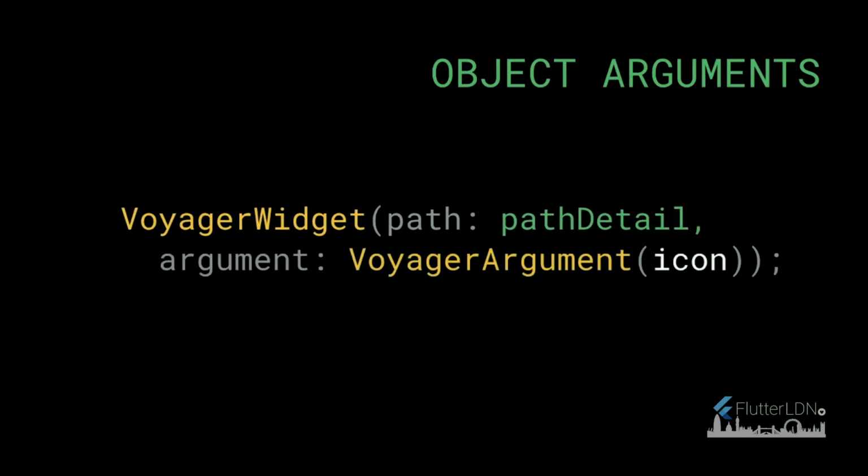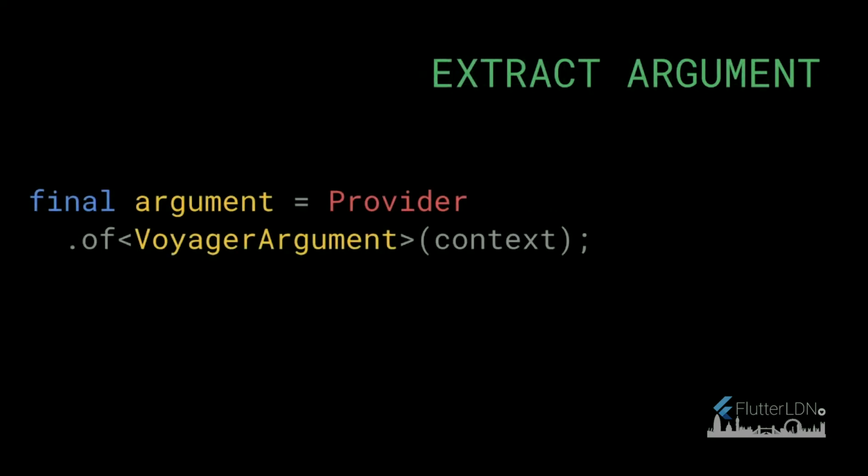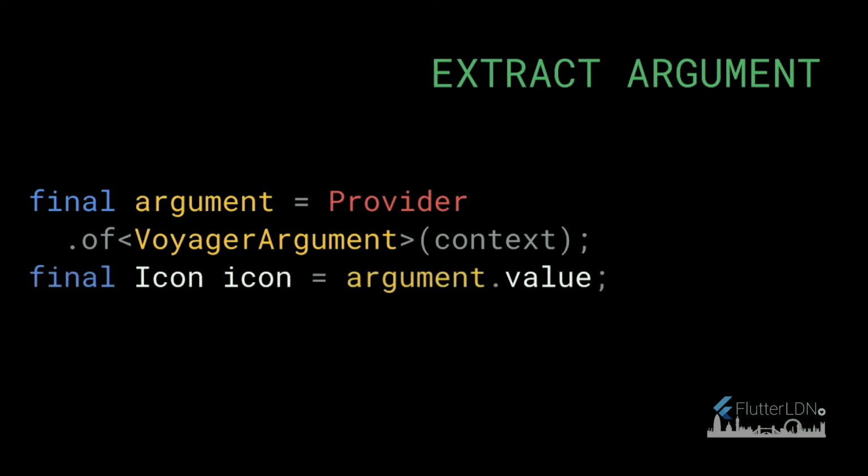You need to wrap your argument with this class. And regardless of what kind of method you use to get to the next screen, navigation or embedding, you can get this argument later by unwrapping the value.